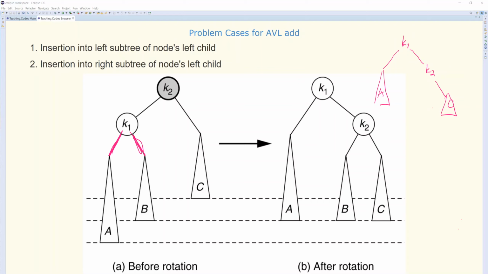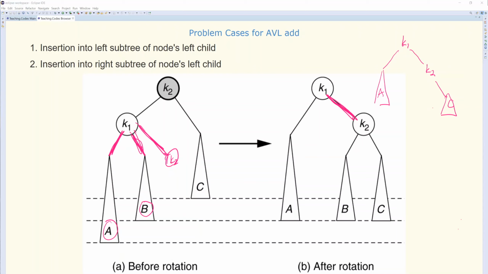When K1 goes up, it will have these 2 children, but K2 has now gone below K1, so it will have 1, 2, and 3 children, A, B, and now K2 will go down, K2 will come here. So K2 will also be its child. Therefore, it will have 3 children, which is not legal.